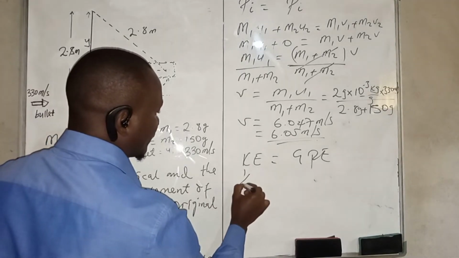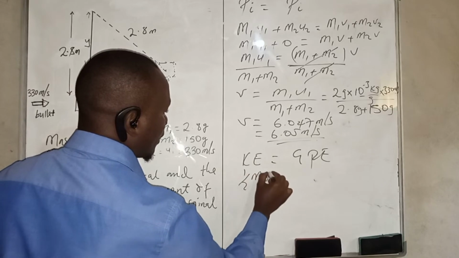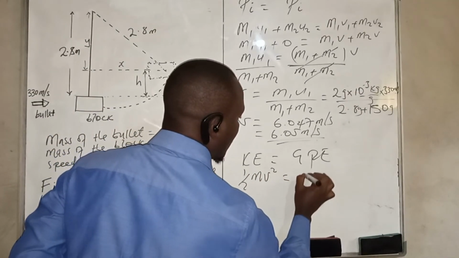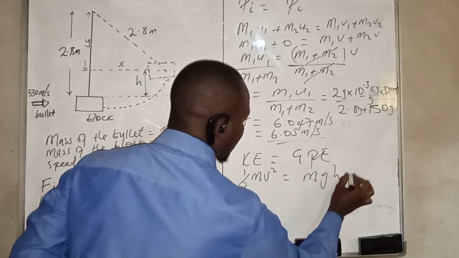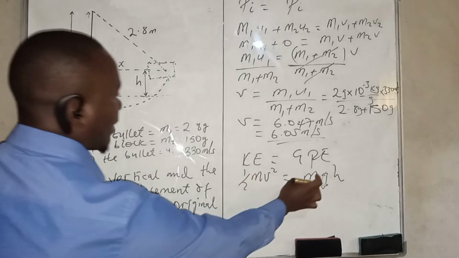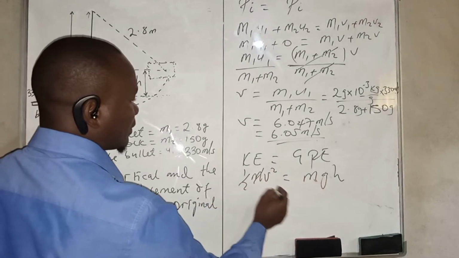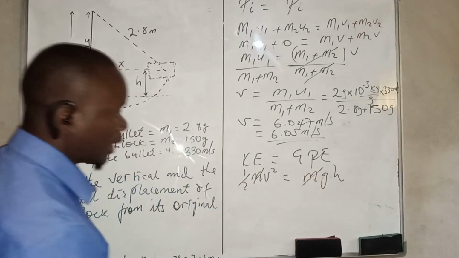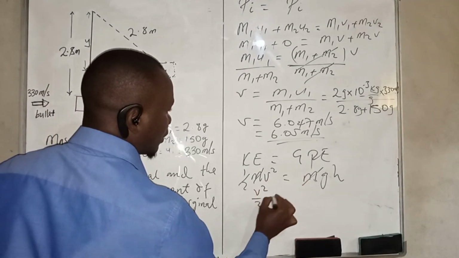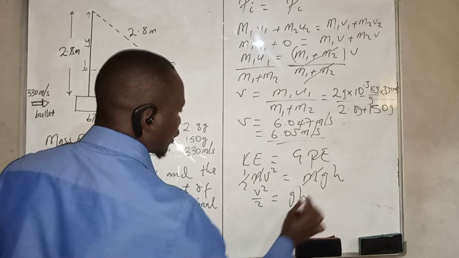So we have half mv squared is equal to mgh. But from this point, we know that the mass on both sides is common, so we can cancel it so that we just remain with v squared over 2 is equal to gh.